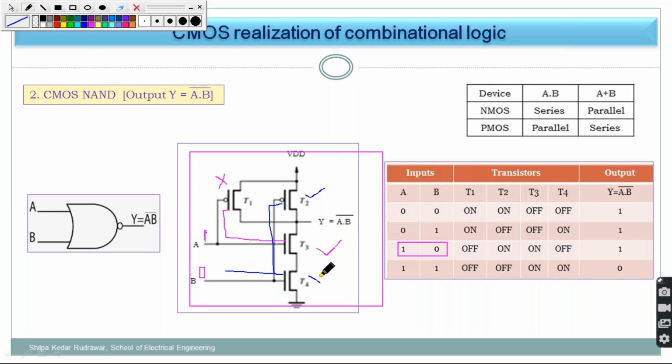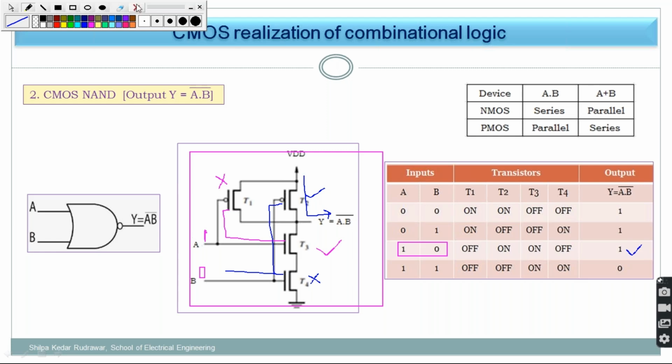And this NMOS transistor will turn off on the application of 0. Again, you are able to see this is not a continuous path, because there is a break. One device is on, another is off. But as there are two paths available, from one path you are able to connect your output, and that's why I can say VDD is connected to output. Here I have proved that 1 is at the output.